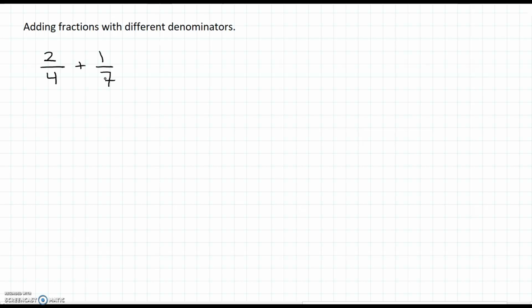So 2/4 plus 1/7. So you can see here the denominators are different. Okay? The first thing, so step 1, we are going to find the common denominator.